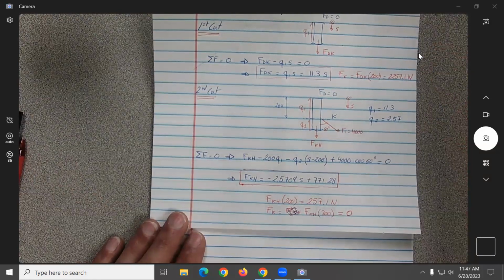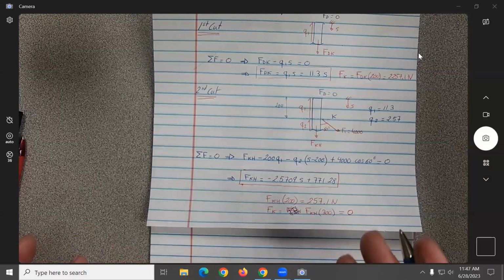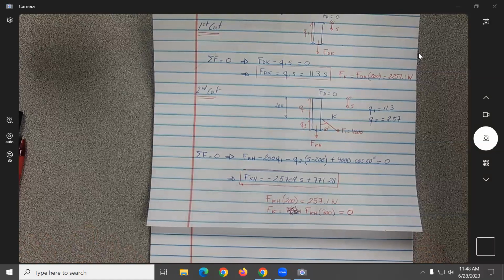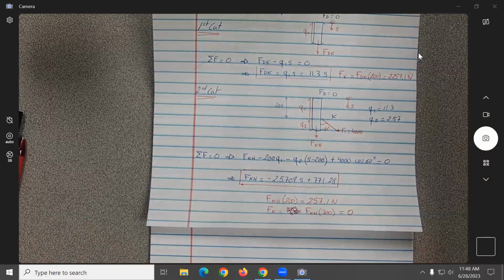If you can't read it, don't be shy to ask me. I'm writing normally, but I don't know if you can see it on the screen. This is like what you did in statics to find the shear and bending moment, but instead here we're trying to find the value of the axial force along the member.